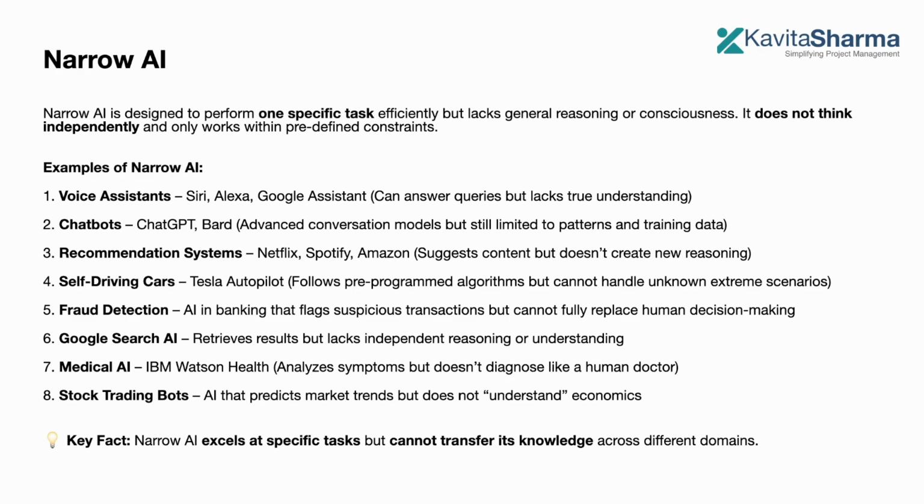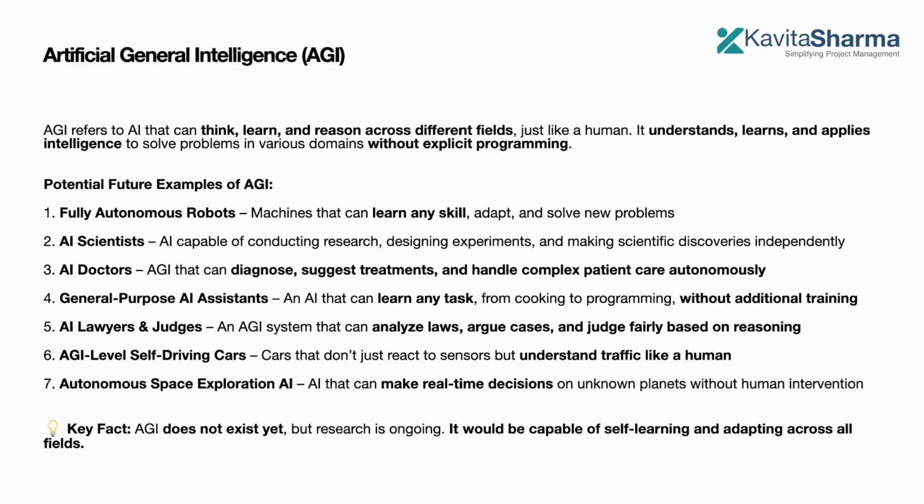If I ask, for example, Siri to create a design for me, it can't do that because it has not been trained on it. Chatbots can only answer. Recommendation systems can suggest content but cannot create new reasoning. Similarly, all these AIs which we have discussed can do only one specific task, and they cannot transfer their knowledge across different domains.